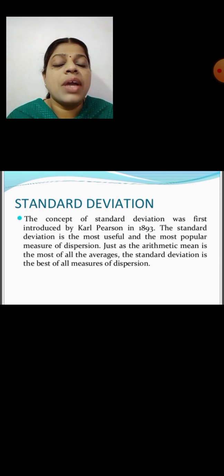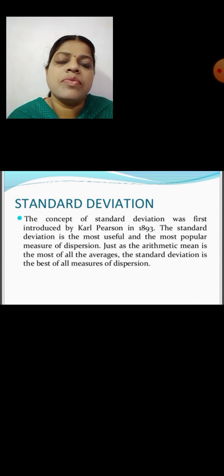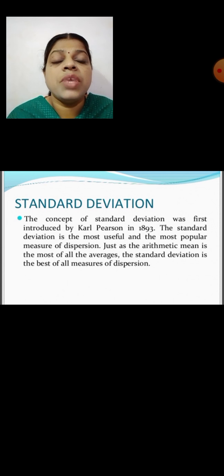Just as the arithmetic mean is the most popular of all the averages, the standard deviation is the best of all the measures of dispersion. While teaching the measures of averages, I explained the importance of studying the arithmetic mean and why it is the popular measure of averages.